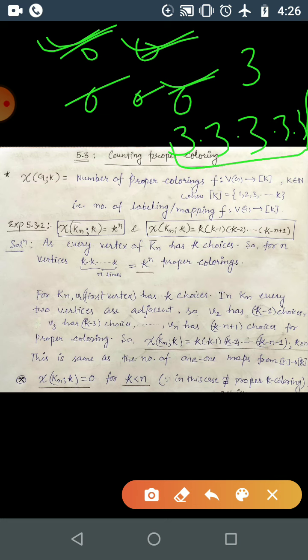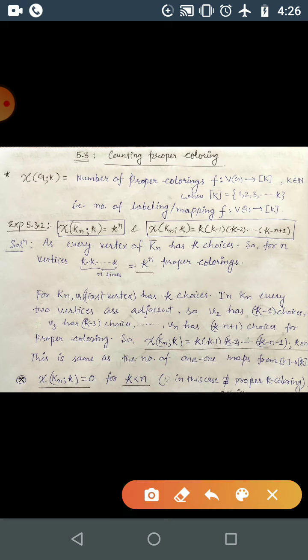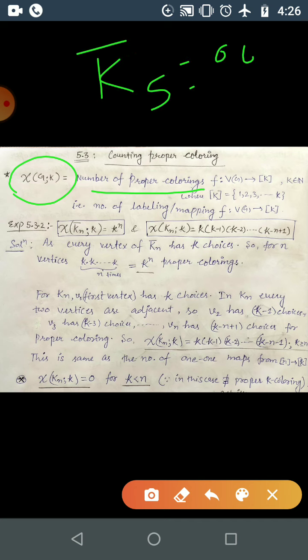So these 5 vertices have 3 raised to power 5 ways to color this graph. Or you can say χ(G, k), that is the number of proper colorings for this graph, K5 complement, whenever we are given 5 vertices, correct?